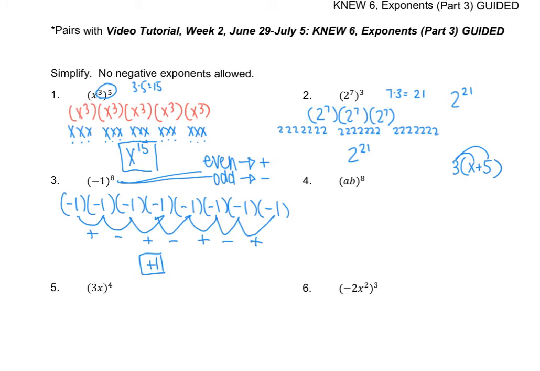Like I walk in and I hand half the class $5 bills. The other half of the class is going to be really upset that I didn't give half the class the $5 bill. Okay? You have to distribute that exponent to both things, to both terms. So this one is going to be a to the 8th, b to the 8th. And you're done. Both terms get the exponent.